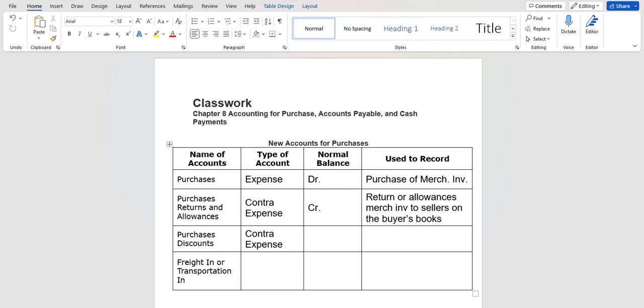So a purchase discount is going to have a normal balance of a credit, and we're going to use this account to record any discounts that we're taking because we made payment early. All right, so this is to record discounts given for early payments by the buyer.